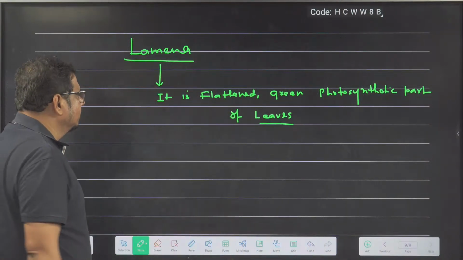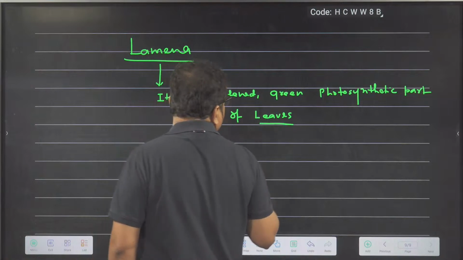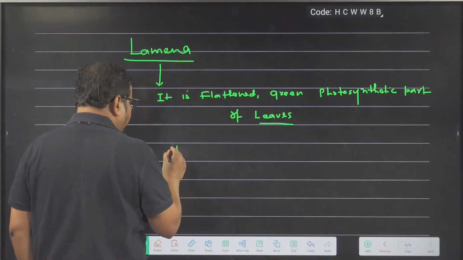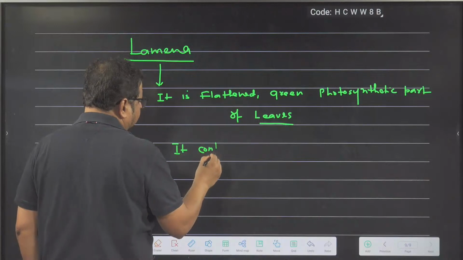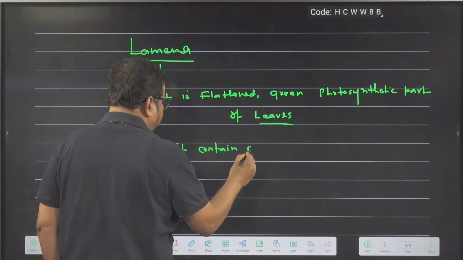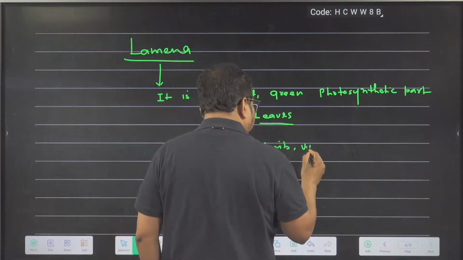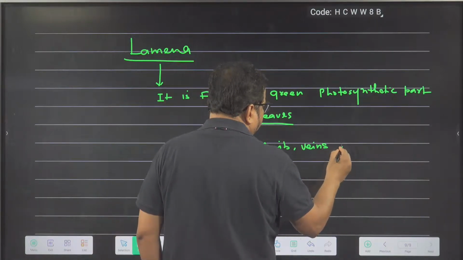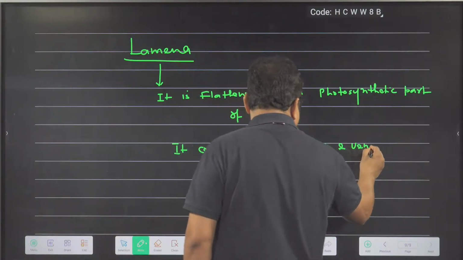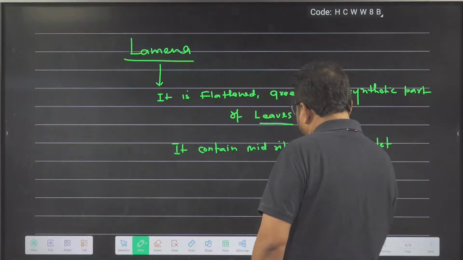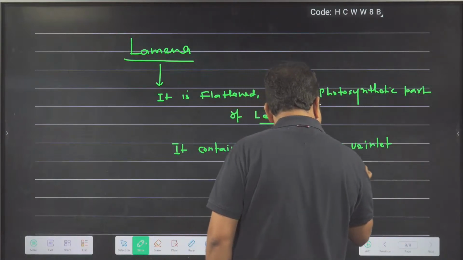Understanding the idea or not? So it is a flattened green photosynthetic part of the leaf. It contains midrib, veins and veinlets.